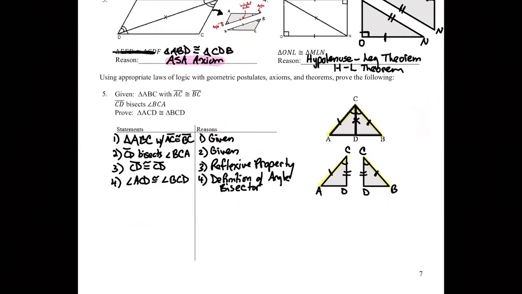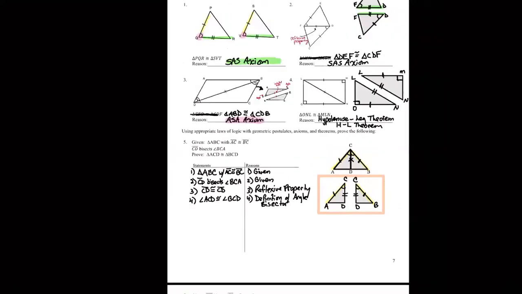Right? So if you look at this and compare it to one of the diagrams, because it's sort of an acquired taste when it comes to proofs, being able to recognize these things on sight. I see this arrangement here: one tick mark, one arc, two tick marks.